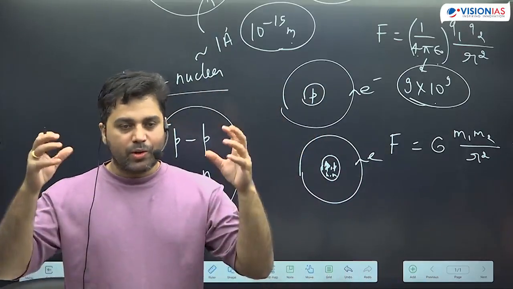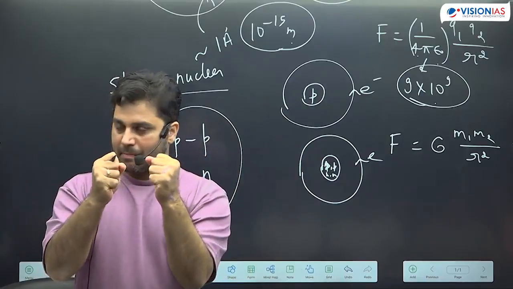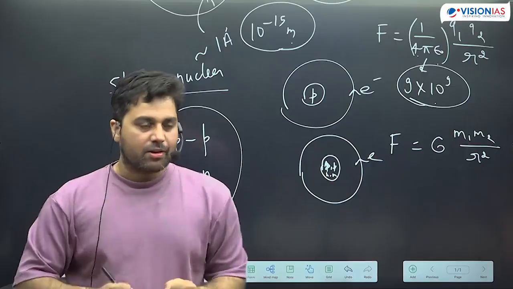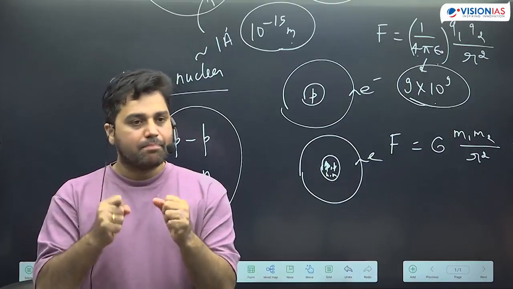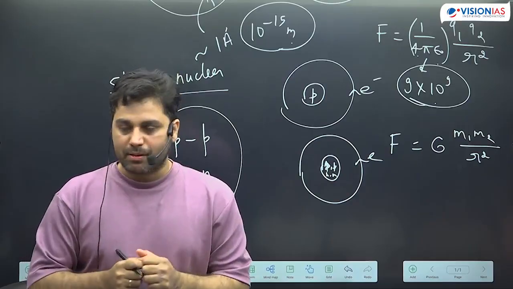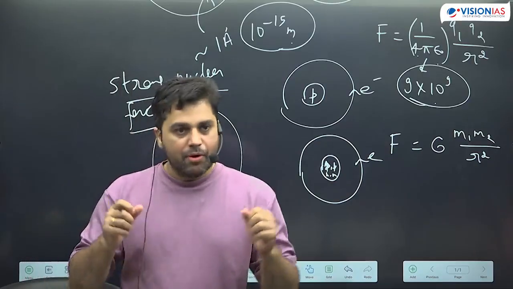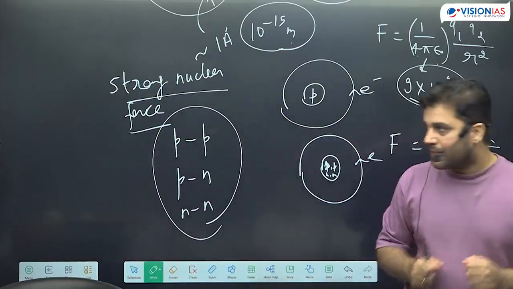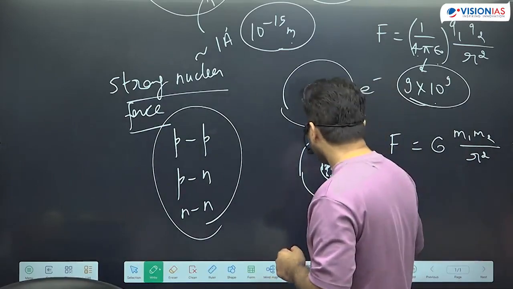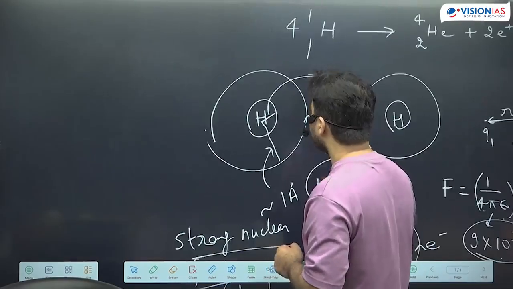So when two nuclei are coming close to each other, and they are in the range of atomic and molecular distance, let's say a few angstrom, then there is a very powerful electromagnetic repulsion between them. And somehow we have to overcome that electromagnetic repulsion, so that despite this repulsion, they keep coming close to each other.